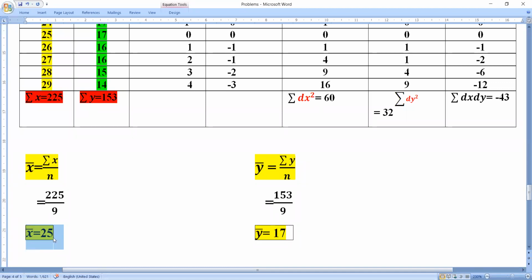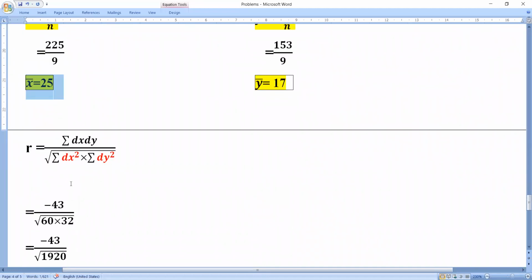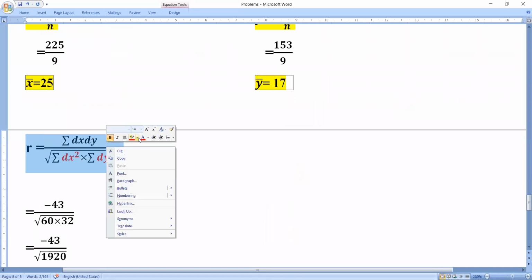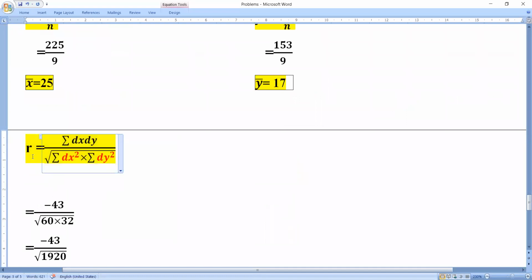If it is a fraction, we apply the shortcut method or indirect method. If there is no fraction, we apply the direct method. What is the formula of the direct method here? The correlation coefficient is represented by small r equals sigma dx dy divided by root of sigma dx square into sigma dy square.